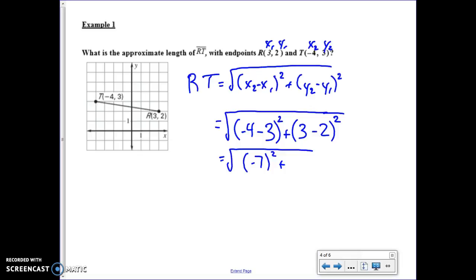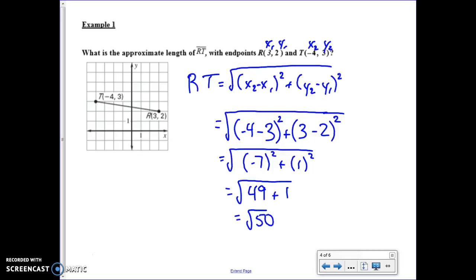And then 3 minus 2 gives you 1. So then we're going to square. Negative 7 squared is the same as saying negative 7 times negative 7, or positive 49. And then 1 squared is 1 times 1, or 1. So take care of now everything underneath the square root. So 49 plus 1 is 50.